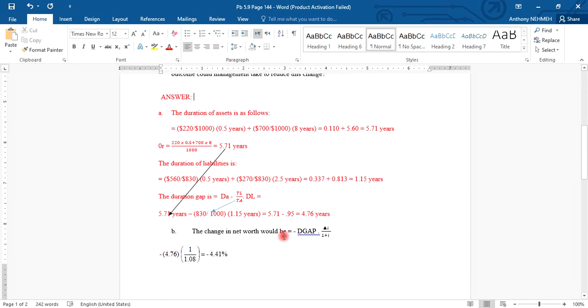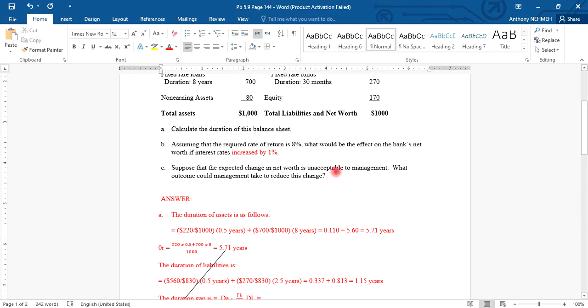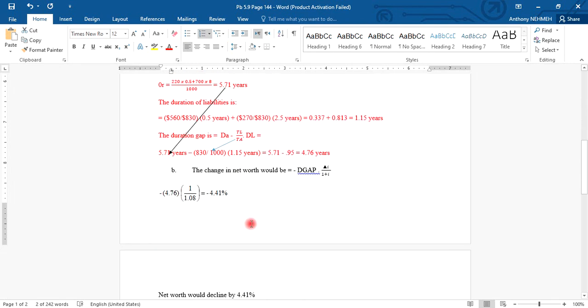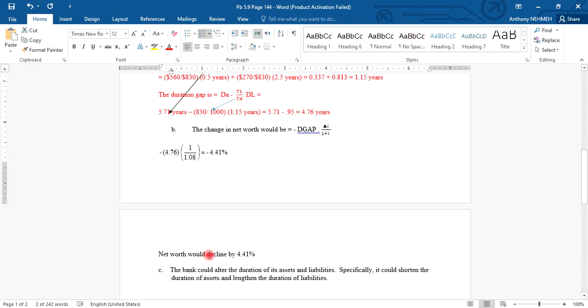The formula is change in net worth equals minus duration gap, minus 4.76, times delta I over 1 plus I. Delta I is the change in interest rate, already given as 1%. So 1 over 1 plus 0.08, because the interest rate is given as 8%. I will get a result of minus 4.41%. It means the net worth would decline by 4.41%.